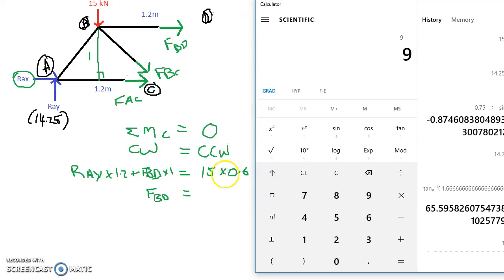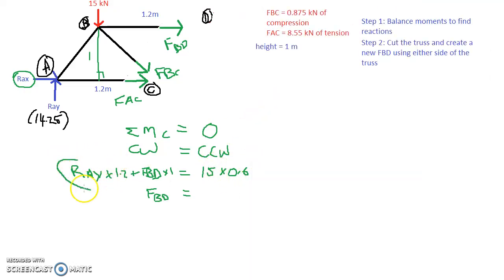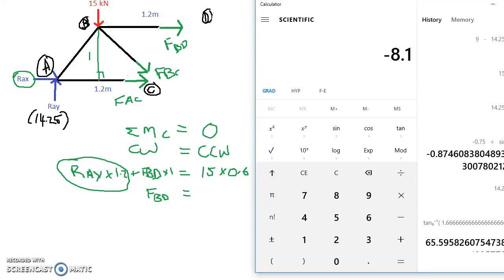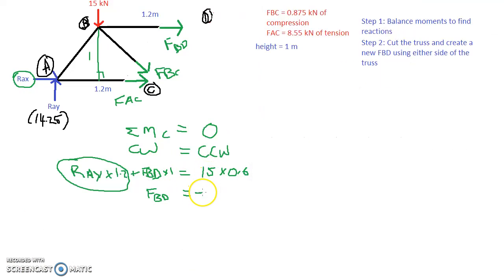We're going to subtract this bit, 14.25 times 1.2. And now we have to divide it by 1 or do nothing. So we actually have the answer there. The answer is minus 8.1.